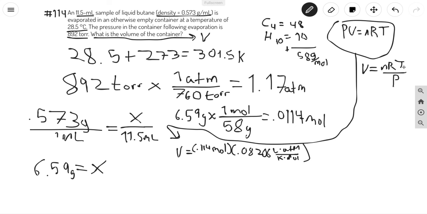And then temperature we found to be 301.5 Kelvin. And then our pressure we found to be 1.17 atm.